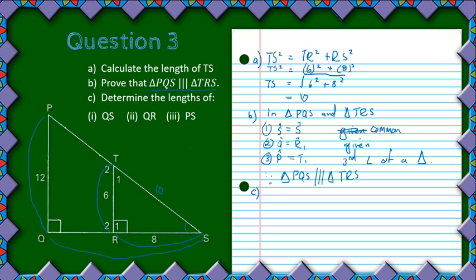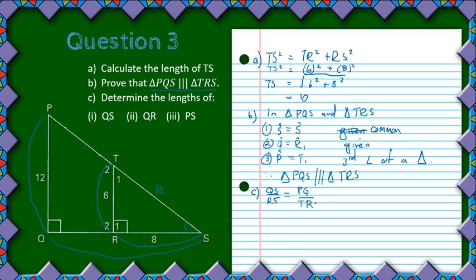Okay, so let's put that down. So we have that we want QS. I'm going to write QS first because I want that one. So QS, this side over this RS is equal to my bigger triangle PQ over TR. So now we've done that graphically.